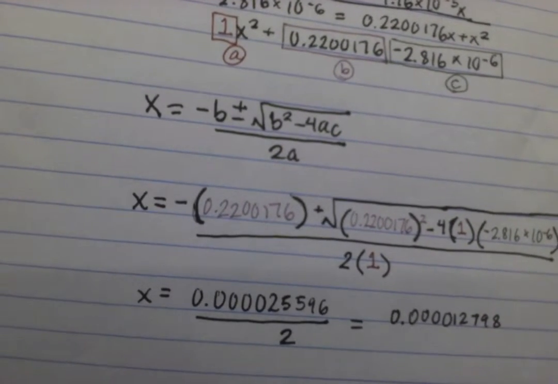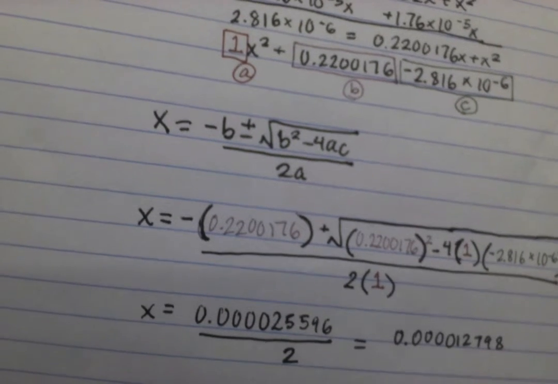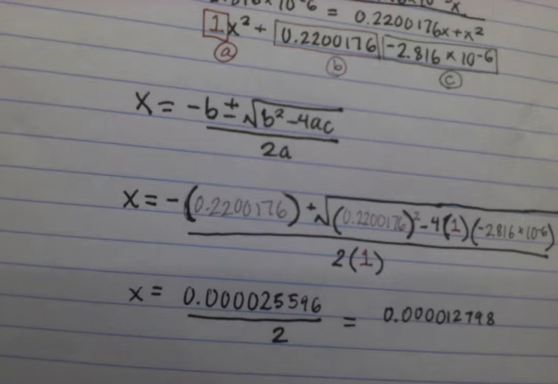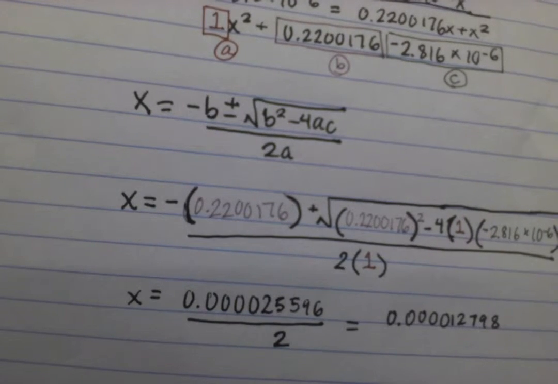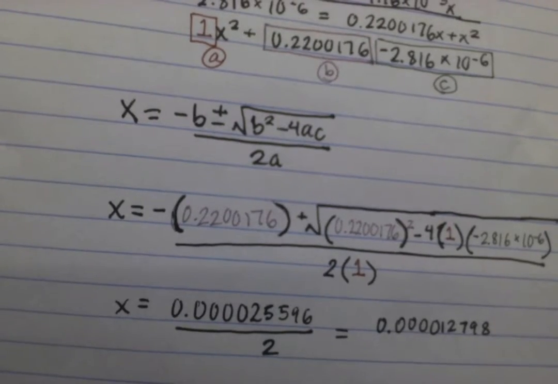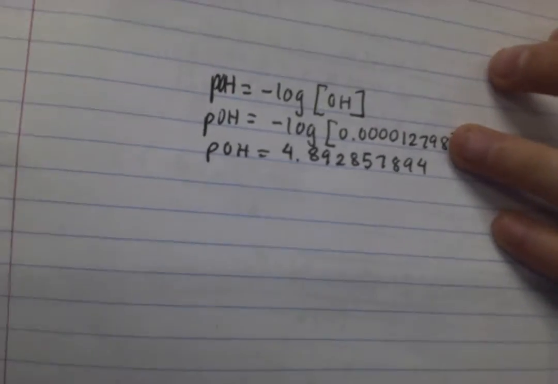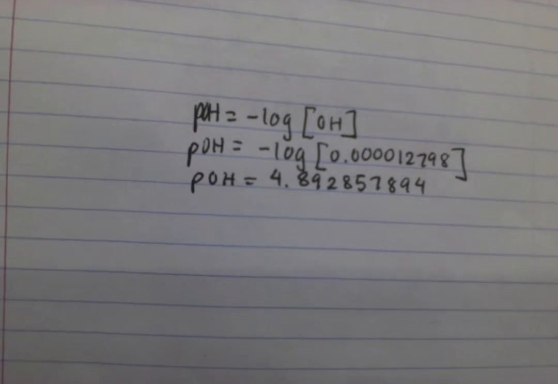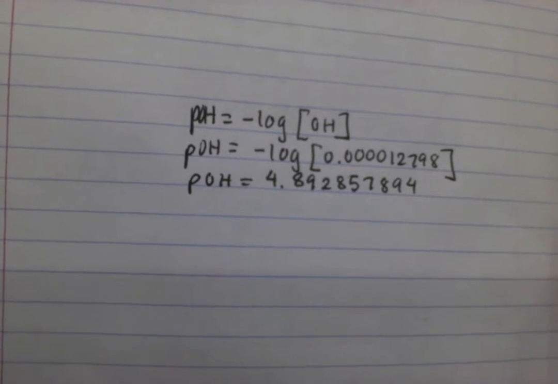So we solve for x, and we get x to be 0.000012798. With this x value, we assume it to be the OH, because NH3 is a base. So we find the pOH by using the equation pOH equals negative log of OH.